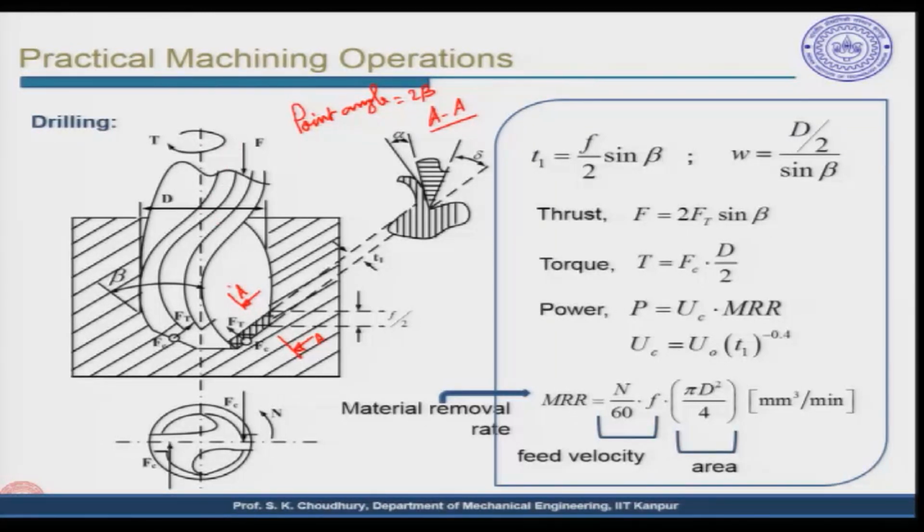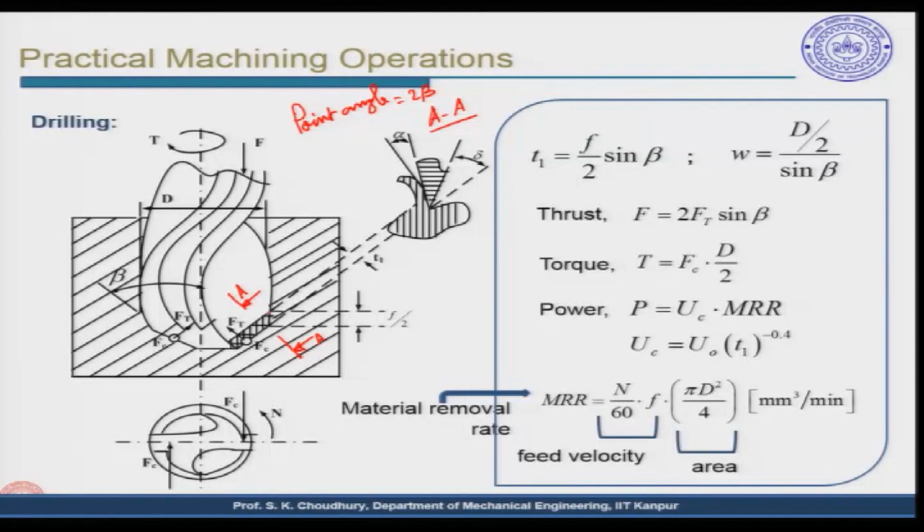Now, if you take a cross section AA, we said that it could be visible like this. So, here we have the tool with the rake face, and this defines the inclination of the rake face of the tool. In this case the tool is the drill. Therefore, the drill has two teeth, and we said that the feed is distributed to both of them.